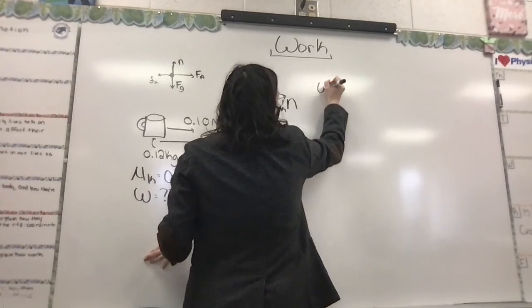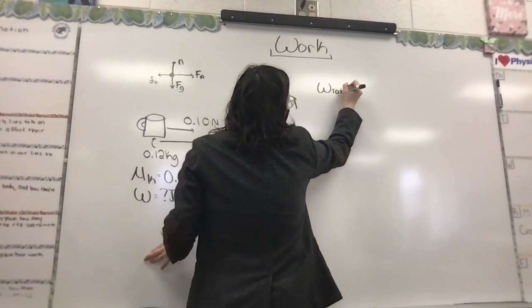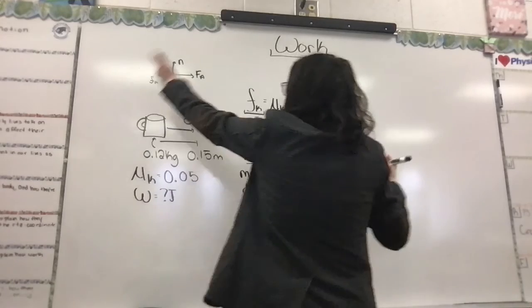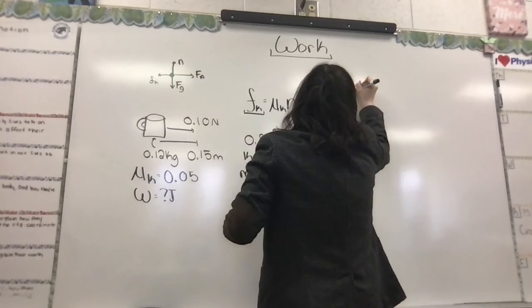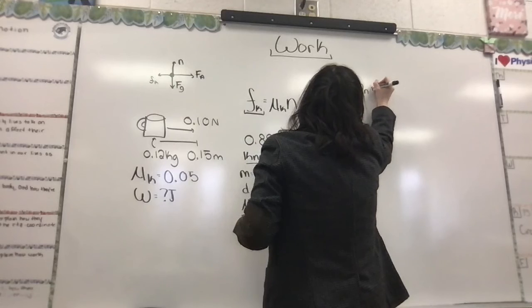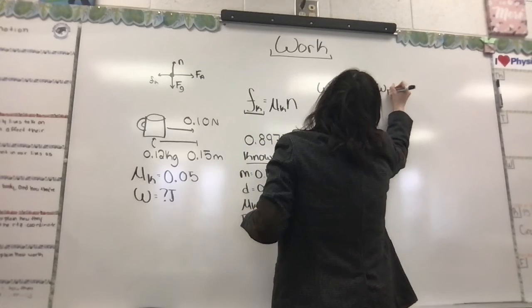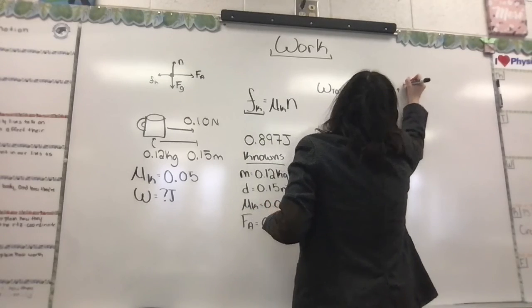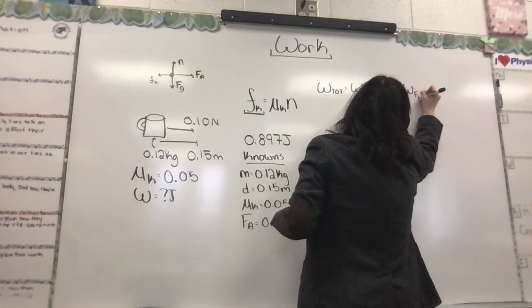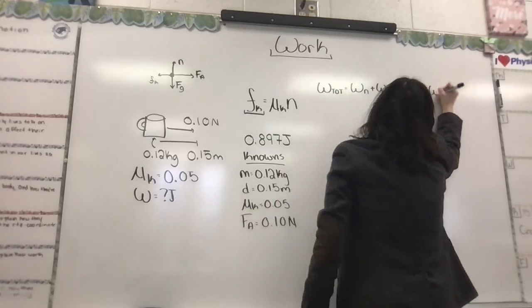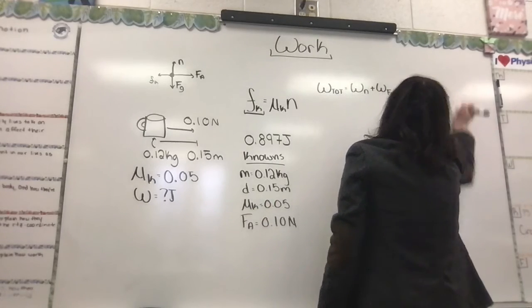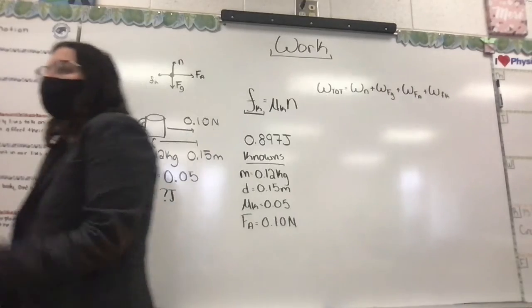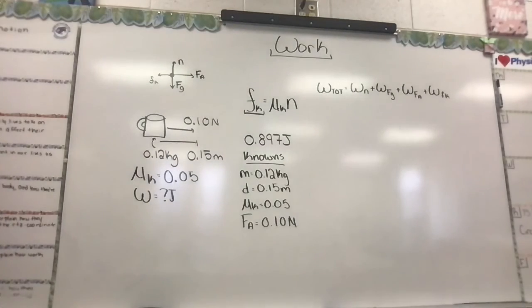So work total is equal to the sum of all of this work: the work of the normal, the work of the force of gravity, the work of the applied force, and the work of the kinetic friction. I want to make this easier on myself.